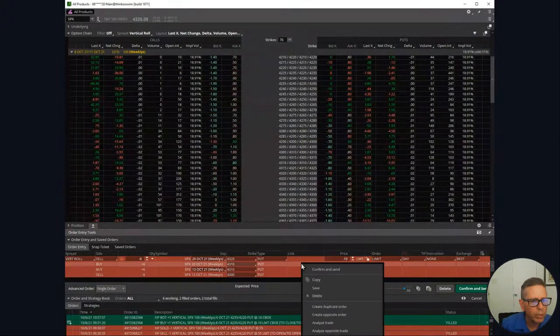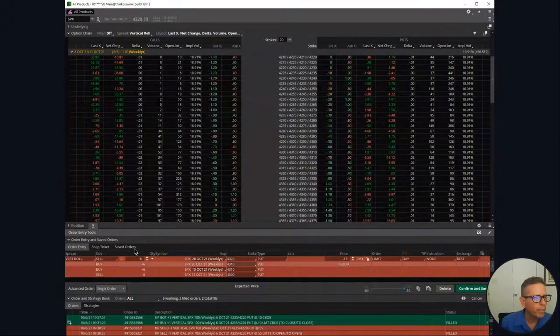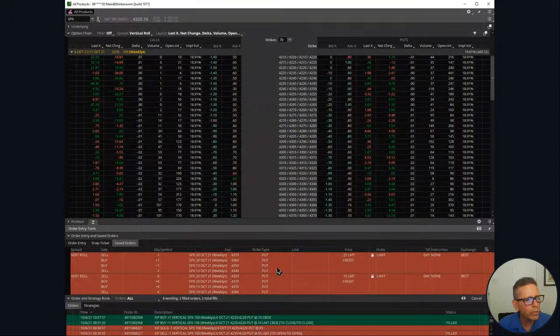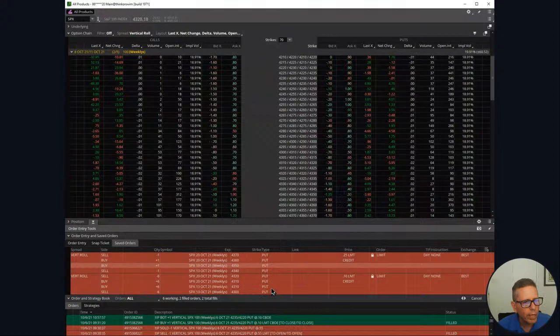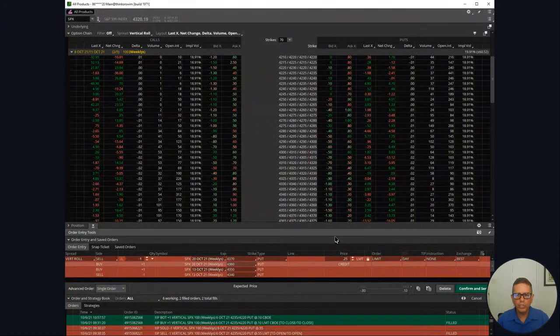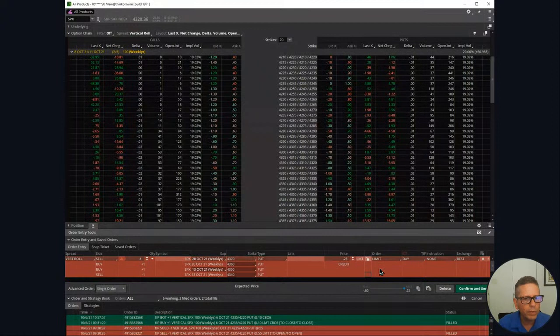Okay, so here's my saved positions. I'm going to use an example here of a position that's not breached. Hopefully you can see this here. I know it's a little hard to see, but I'll let you know what the numbers are.